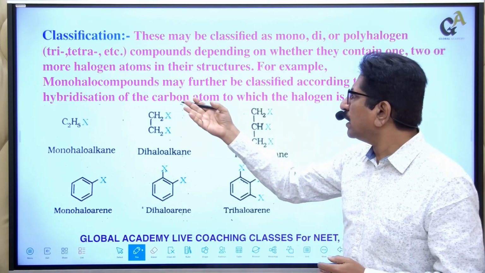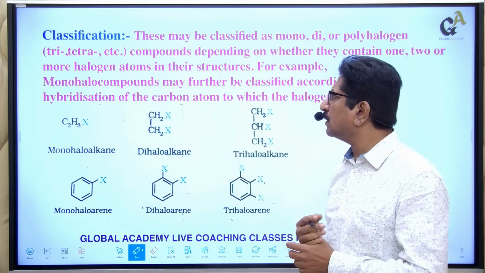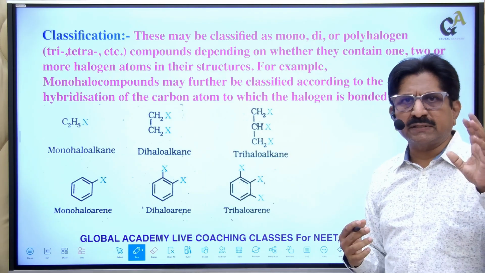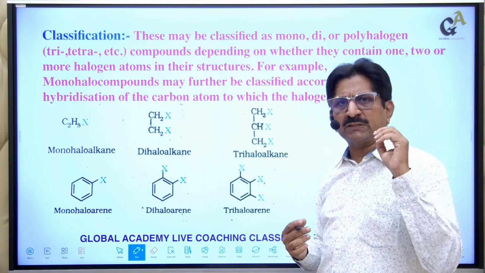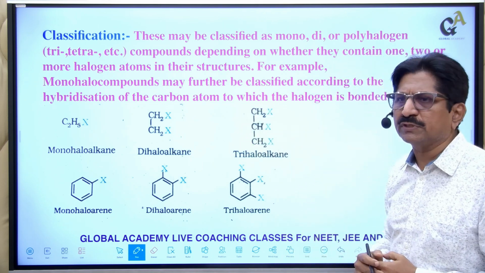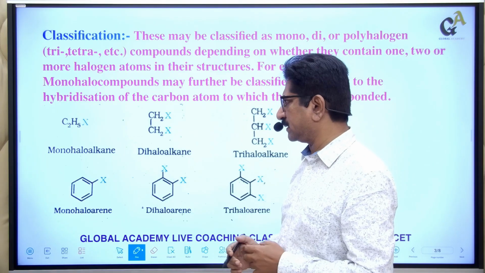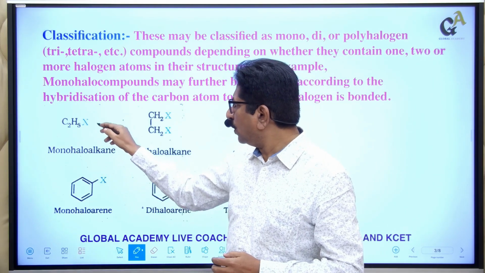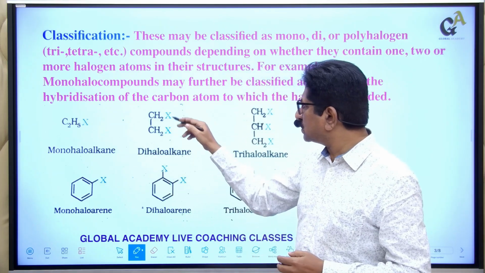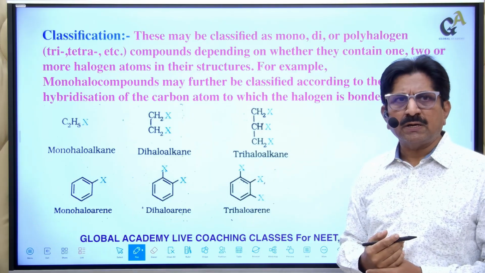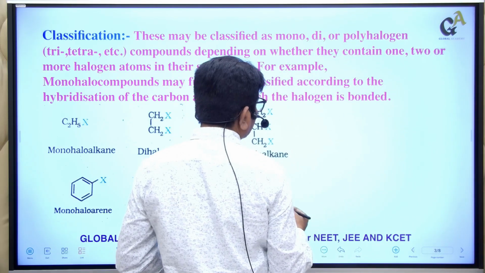Further, the monohalo compounds are classified according to their hybridization, either sp3 or sp2, of the carbon atom to which the halogen atom is linked. For example, here you can see monohaloalkanes with one halogen, dihaloalkanes with two halogens, and trihaloalkanes with three halogen atoms. Now, let's see some examples.